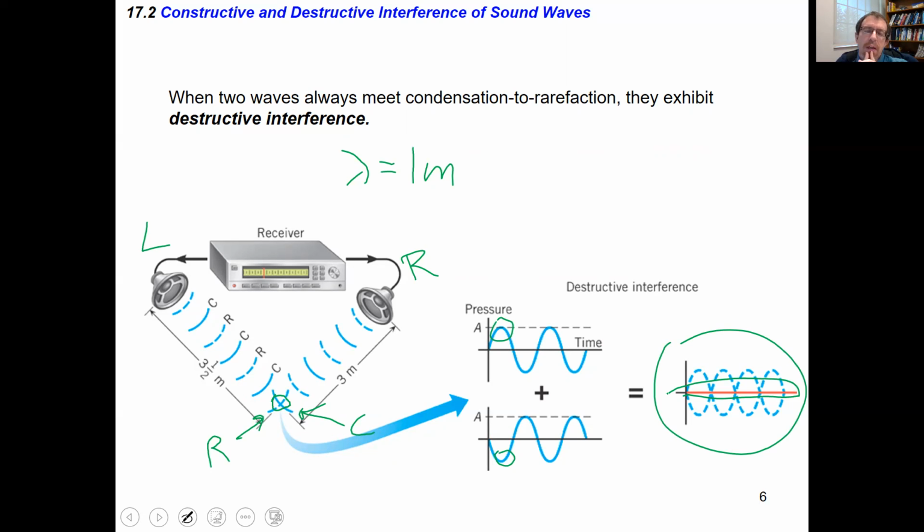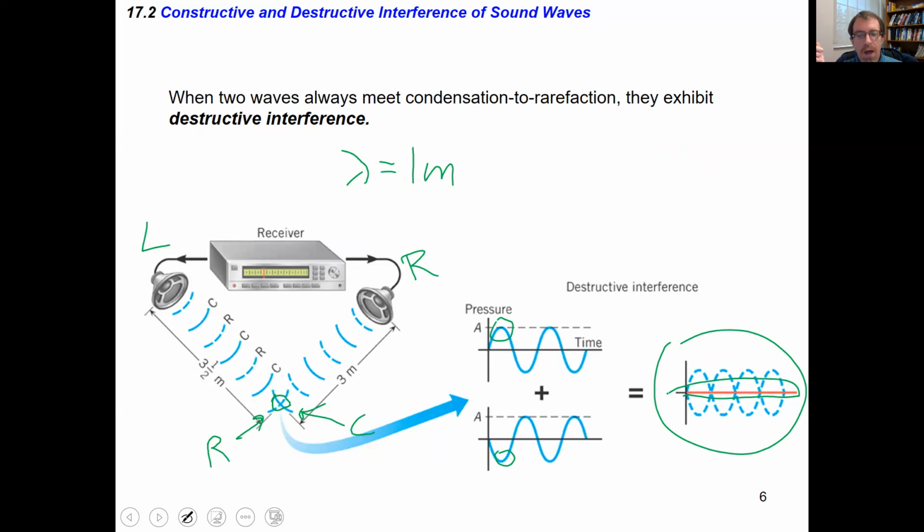Let's think about the ramifications of this. So basically what I've told you here is that I could have two speakers playing the same frequency, and even playing it loudly.